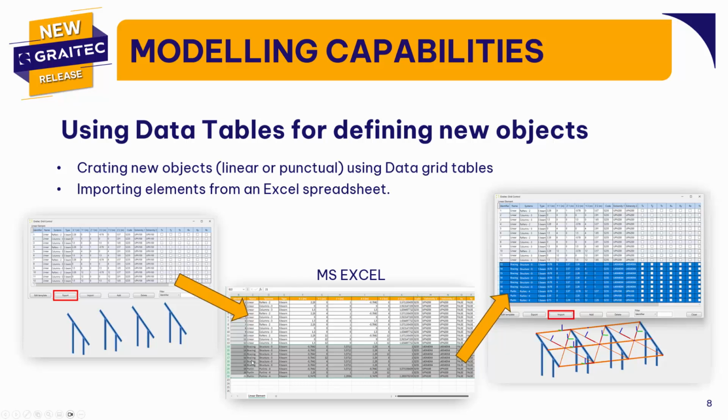I have added some extra elements, and now I'm just importing them inside the Advanced Design data grid. And then, as you see, those new elements which were created through Excel will be added to my geometry. So this is a very important and helpful feature to create a new geometry based on Excel sheets.